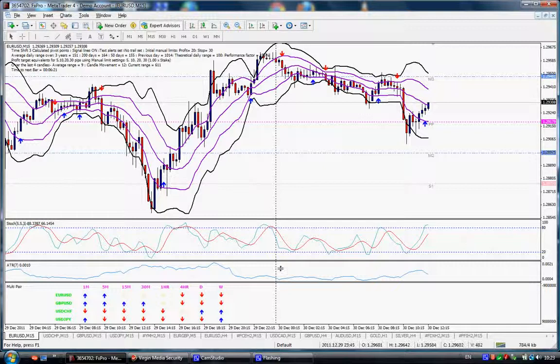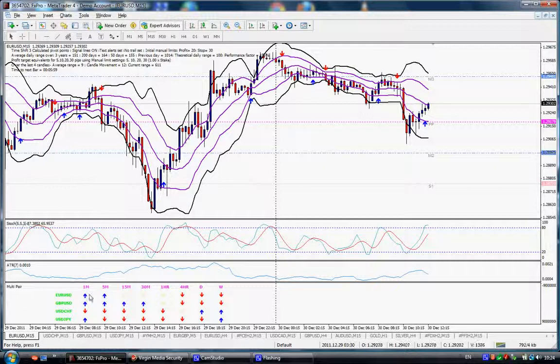One of the stochastics, which we all know about, which helps you to see whether stuff is overbought or oversold and so forth, can keep you out of trouble. I have an ATR, average true range, the same period, which helps me see what kind of movements I expect. And I have a multi-pair indicator.